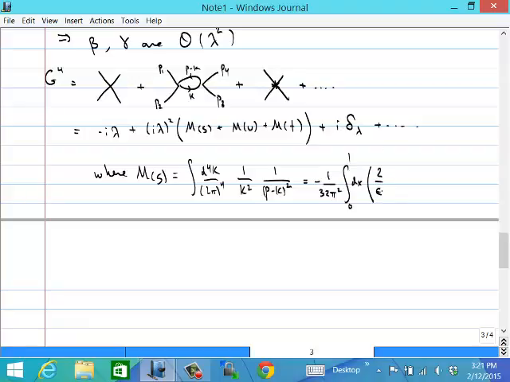Then you have your divergence, 2 over epsilon, where epsilon is d minus 4. And you get plus a constant term, which is not actually going to matter for us, minus the logarithm of x times 1 minus x times p squared. And that constant, I'll just write it out for you: you get the Euler-Mascheroni constant and a log of 4 pi. Plus higher order terms that vanish as epsilon is sent to 0.